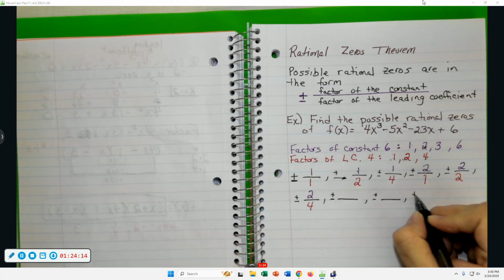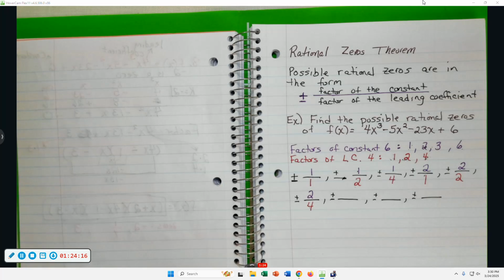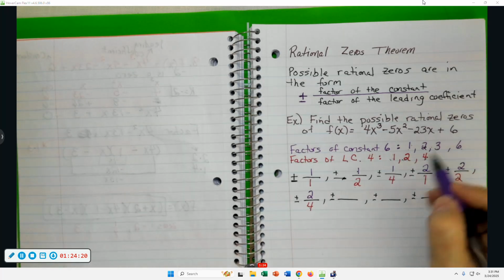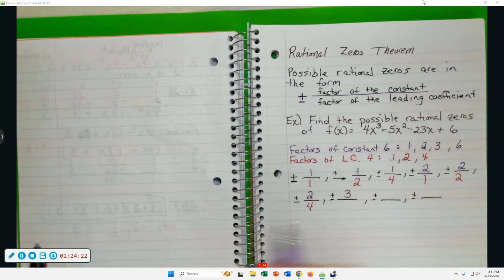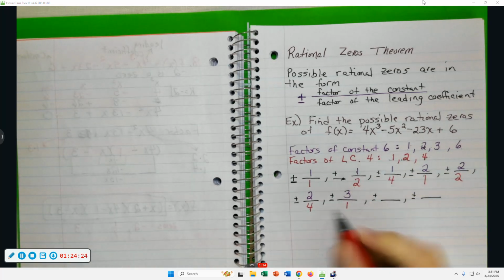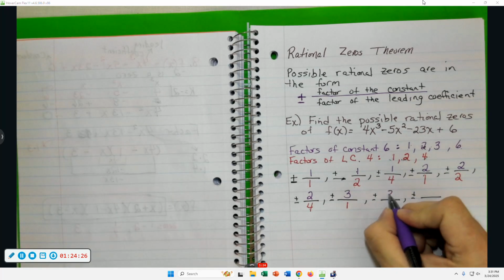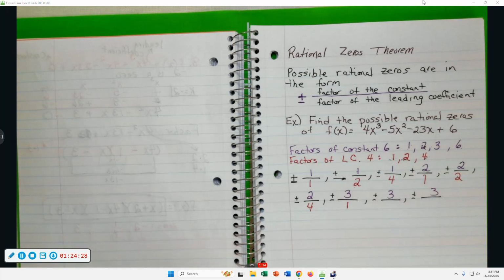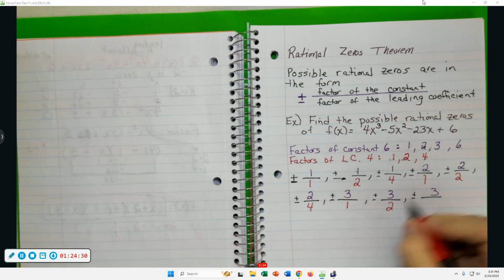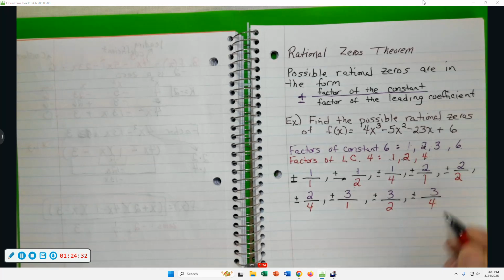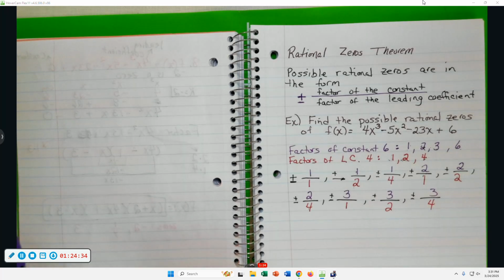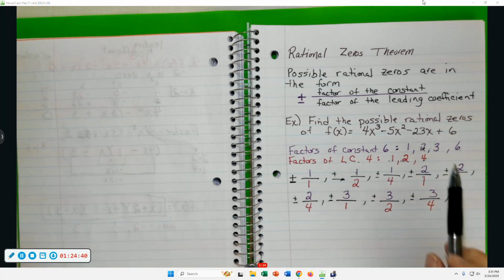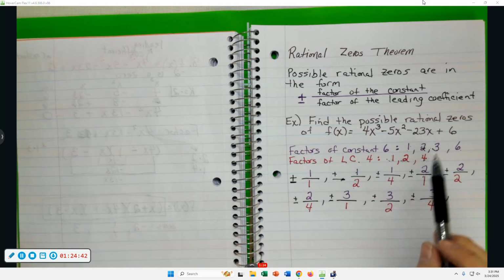So we have purple 3 over red 1. Purple 3 over red 2. Purple 3 over red 4. I'm seriously regretting doing this colored stuff at this point. Okay? But I figure I got to continue it. So there was the 3 over 1, 3 over 2, 3 over 4.